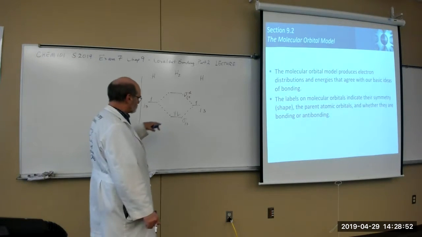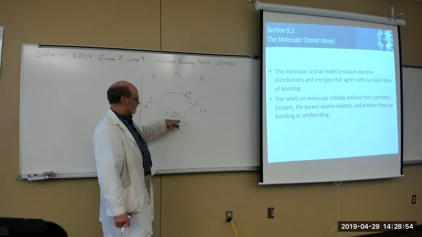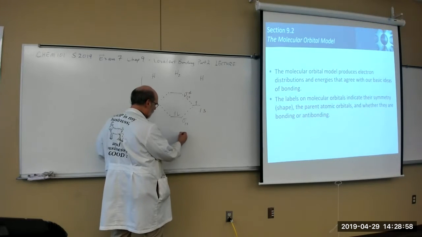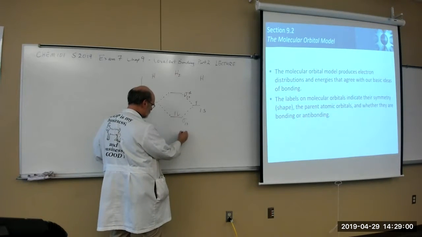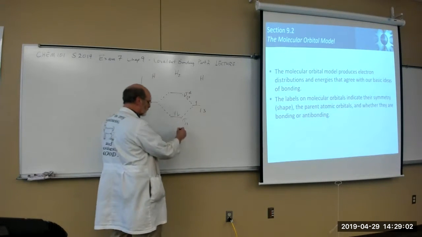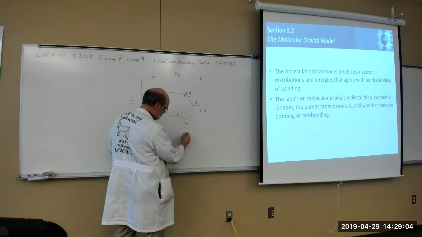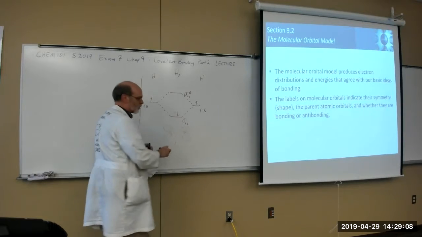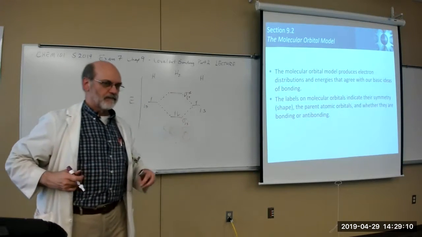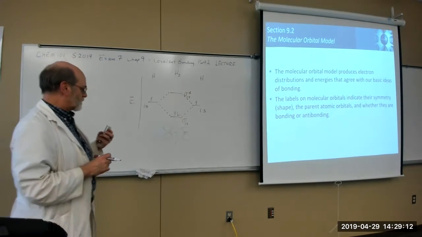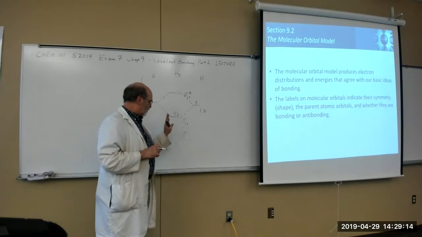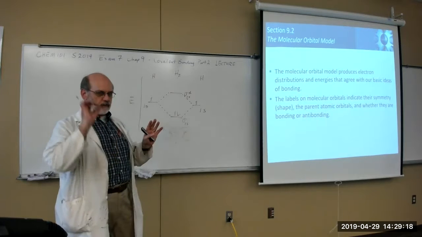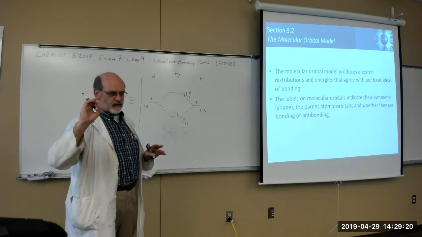Typically, the sigma bonding orbital is going to have a density on axis, like this. The anti-bonding orbital sigma will be sort of like this, with a node in between. Remember what a node is. A node is a plane where there is zero probability of finding electron density.